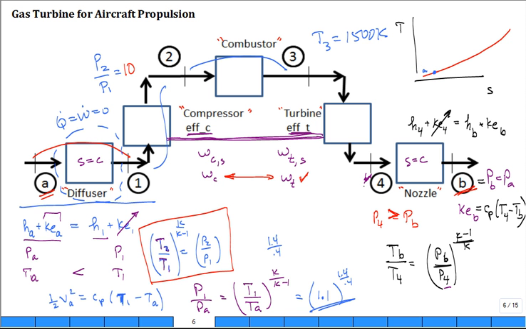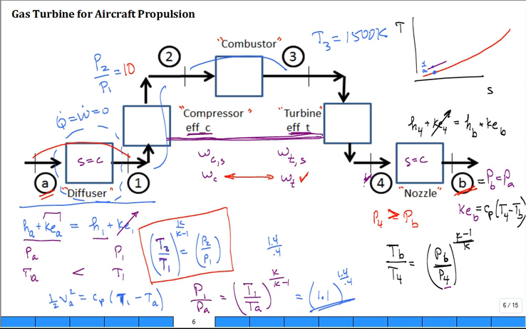The temperature goes up. The entropy S doesn't go up. It's isentropic, so it's a straight line up, and it goes up a little bit to 1. And the pressure at 1 is not the same as the pressure at A. It's a higher pressure. We just talked about that, true?